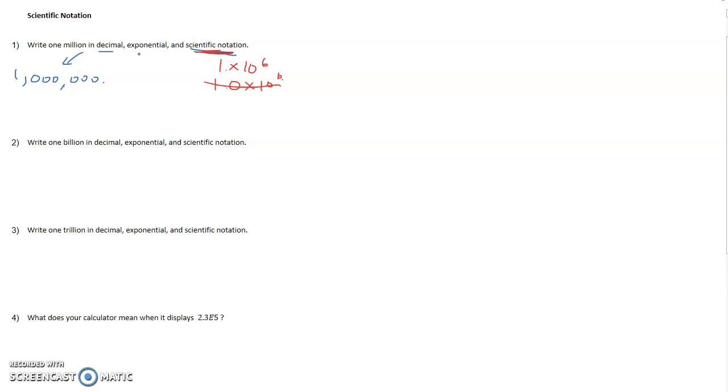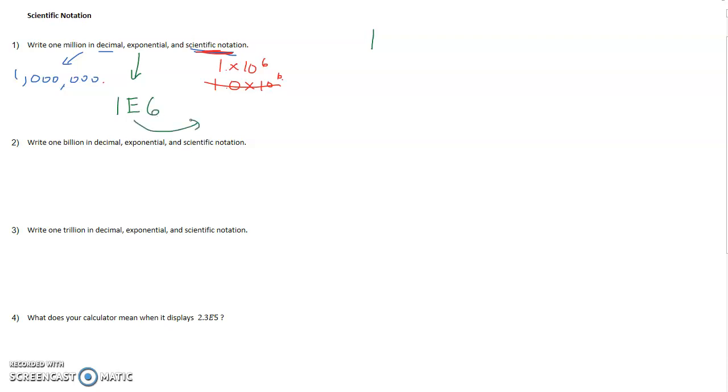Now, the one that we haven't talked about, that our calculator actually gives us a good amount of times, is called the exponential. So, what you're going to see is if you were to do 1 million in the calculator, it actually would give you 1 million, but when we start to get to smaller numbers, we might get 1, and then what you'll see is e to the 6th.